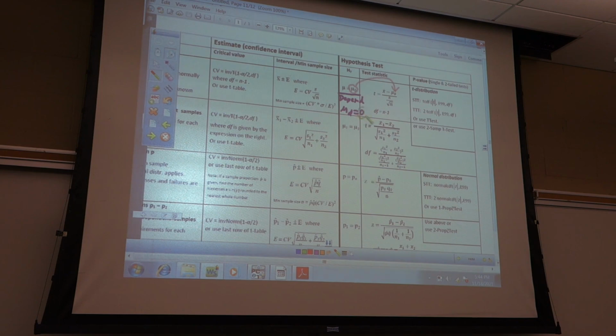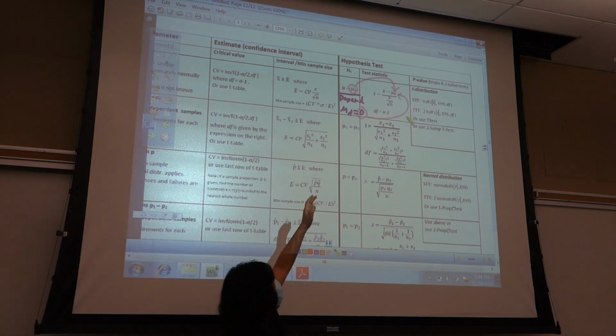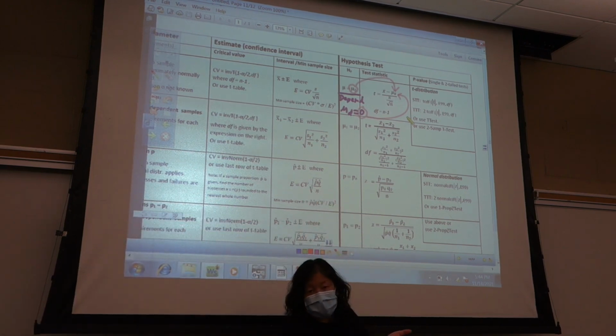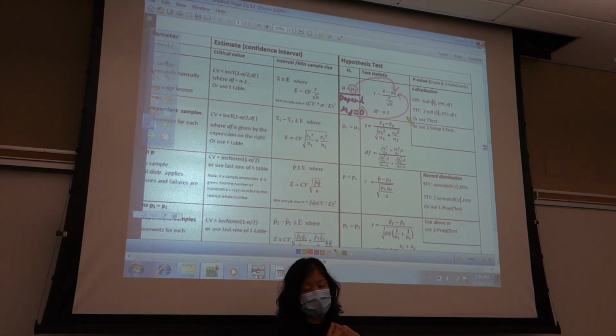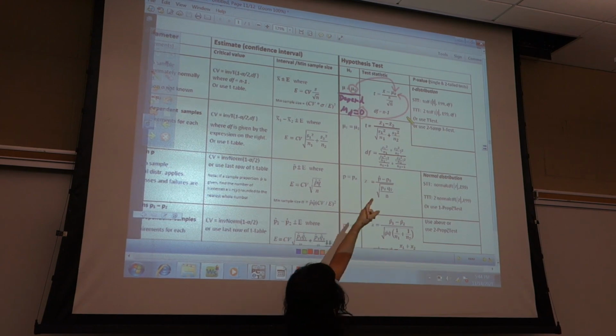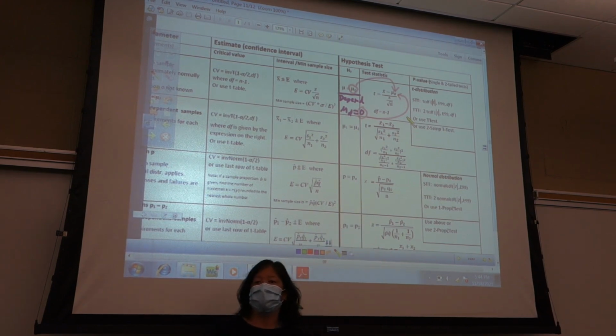Here, 0 is in my claim, so 0 goes there. So it's also my X bar from your stat calc, 1-Var Stats, minus 0. Good? I hope that pulls all those pieces together.